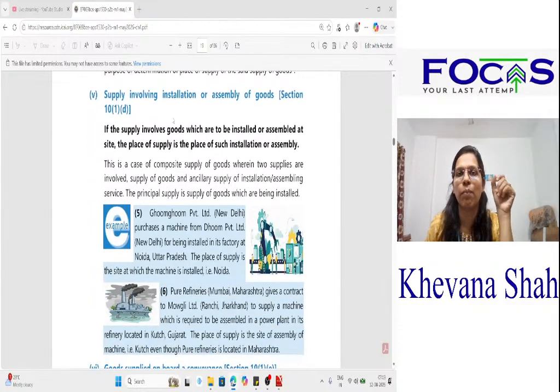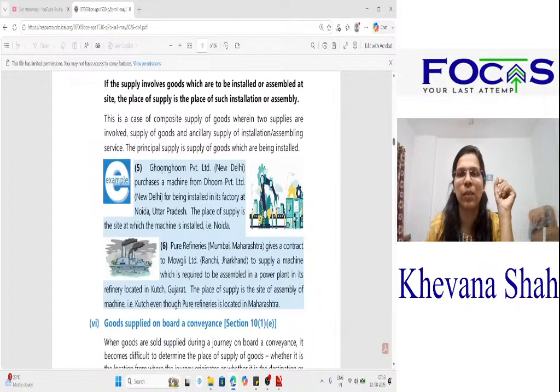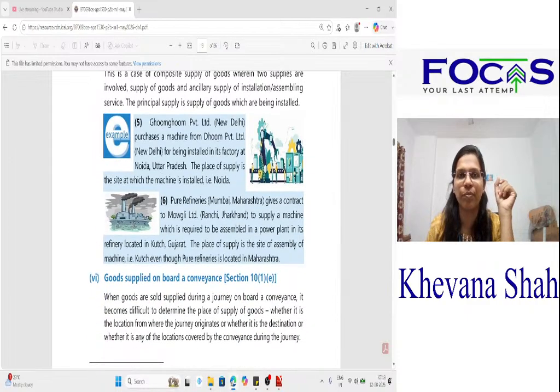Then in case of supply involving installation or assembly of goods, see here they have given us examples. Ghum Ghum Private Limited of New Delhi purchases a machine from Dhoom Private Limited, New Delhi, for being installed in its factory at Noida, UP.